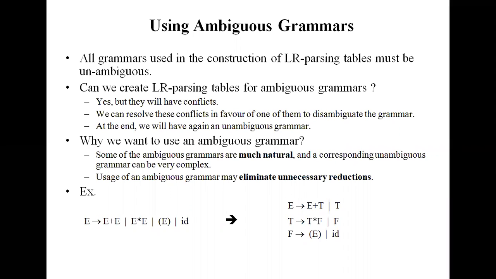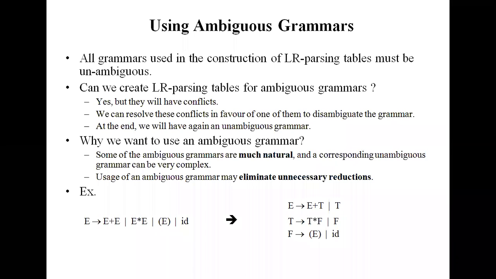And here the question is, if we have an ambiguous grammar, can we construct the SLR parsing for that ambiguous grammar or not? Yes, we can construct the LR parsing table for the ambiguous grammar, right? But make a note that all grammars used in the construction of LR parsing tables must be unambiguous grammars.